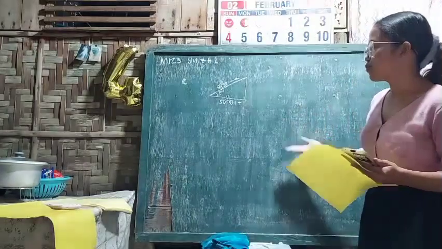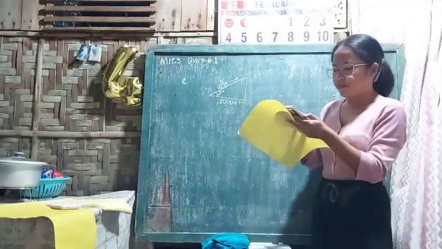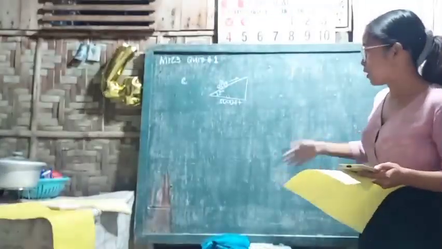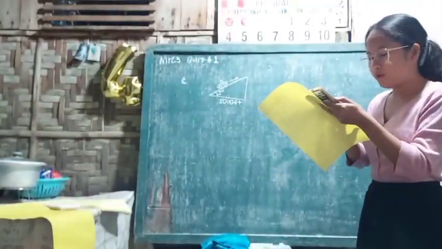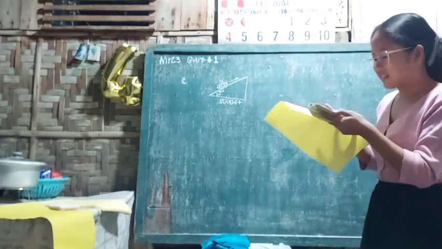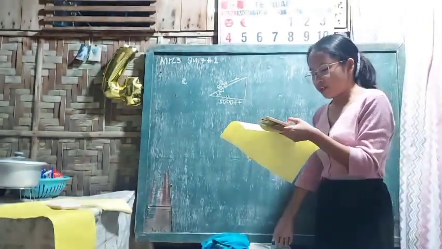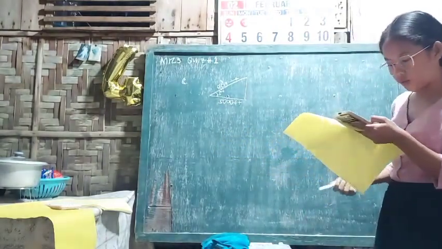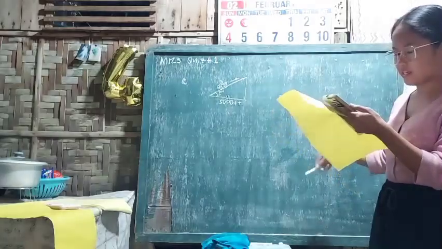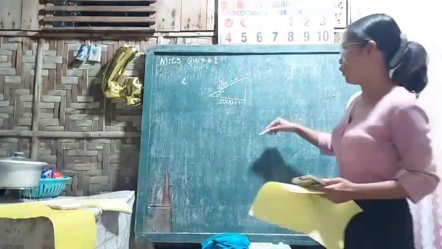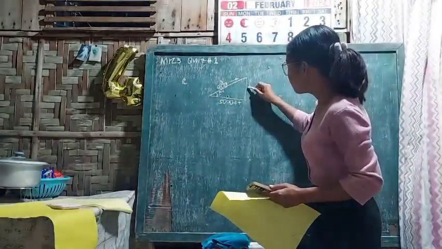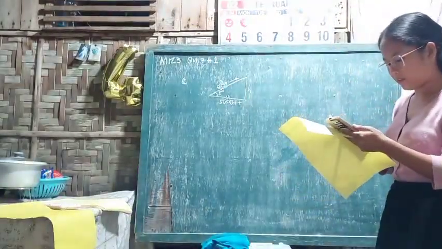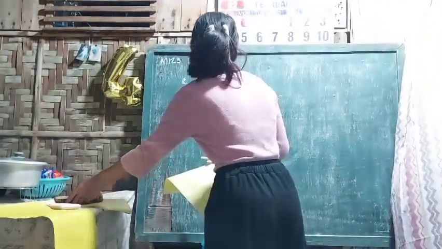Now for our last problem, the last item, it is still a word problem. So the problem goes: a road is inclined at an angle of 5 degrees. After driving 5,000 feet along this road, find the driver's increase in altitude. So we're going to look for the height of the road he is taking.